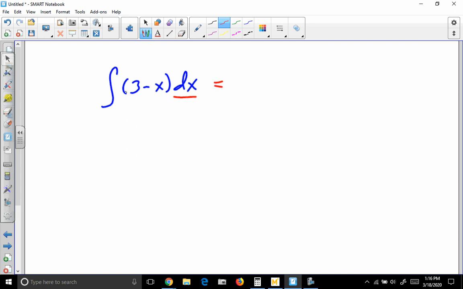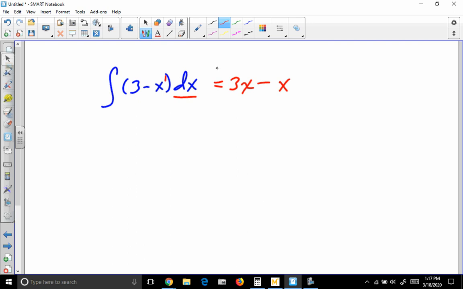So if we have a constant, our rule for integrating a constant is that we pick up our variable. If we have more than one term, we integrate them separately. So we integrate the first term minus integrate the second term. So what is our power for the x? That's a 1. So to integrate or to get the antiderivative of x, we increase the power by 1.